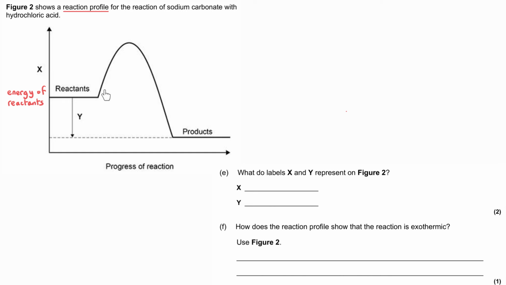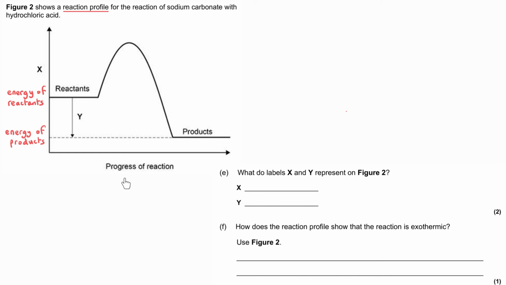And then we've got a curve that goes up to a peak and then down again, and it goes down to the products. And this product's value, as we read across this dashed line, is the energy that the products have got. And then we've got a line from the reactant's energy to the product's energy, and that's not labelled either. They've just called this Y. And the question is asking us, what do the labels X and Y represent on figure 2?